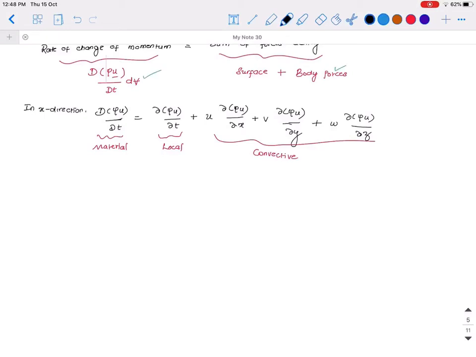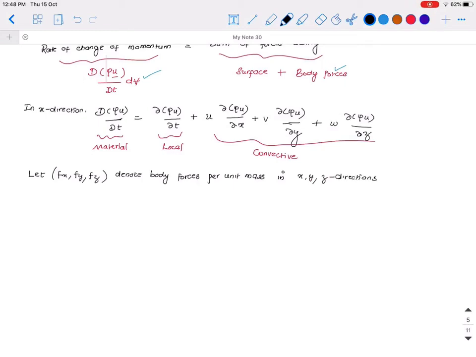And body forces, to express body force we say let fx, fy and fz denote body forces per unit mass in three directions, in x, y, z directions.